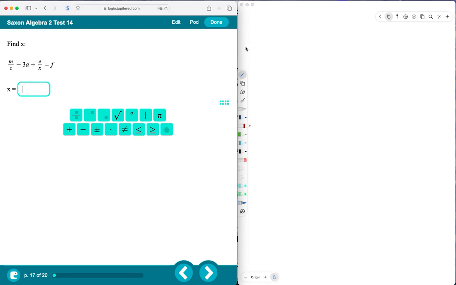We're going to find x. Oop, it's right there. I couldn't resist, sorry. m over c minus 3a plus e over x equals f. All right, common denominators. We see x. We're multiplying by everything that particular term doesn't have as a denominator. So cx, this has the c, so we need to multiply by x over x times m over c.